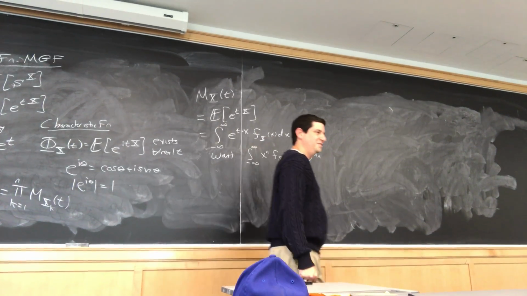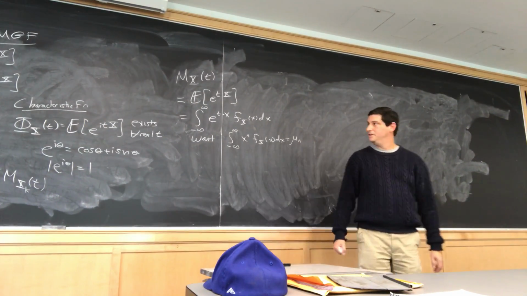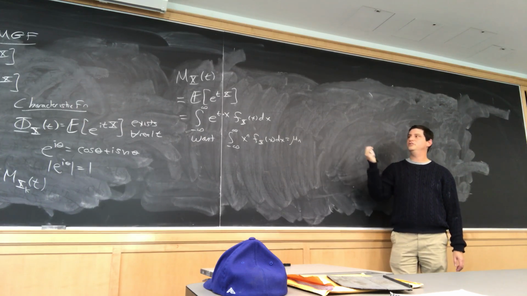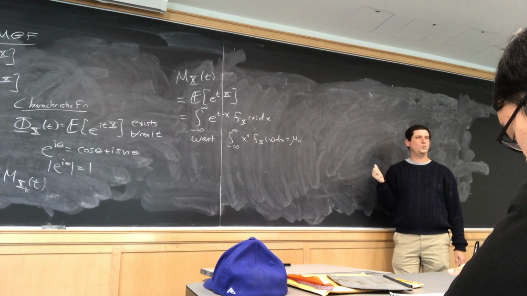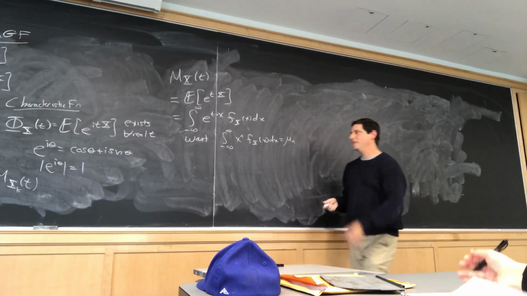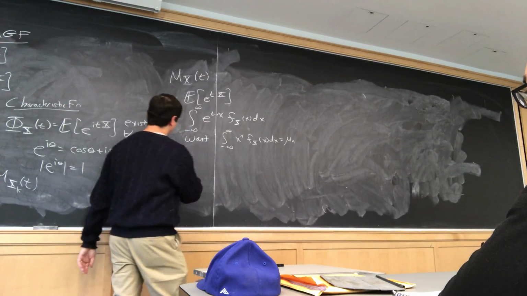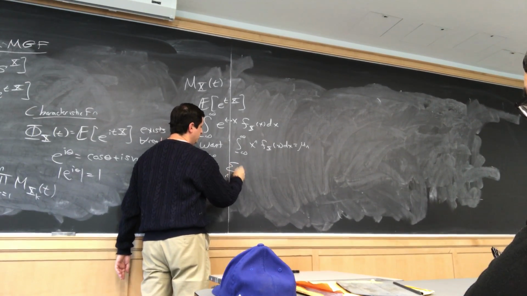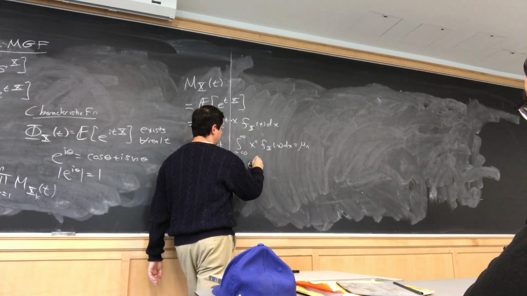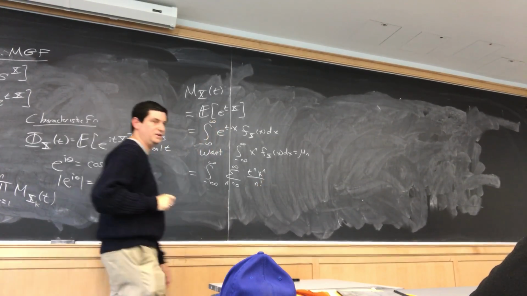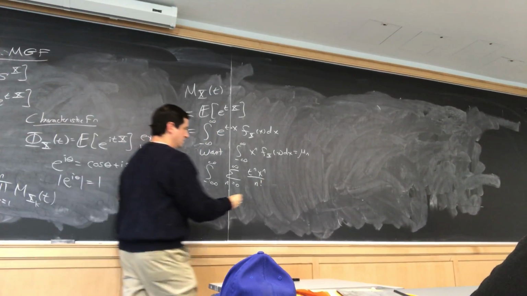Not x to an exponent, because it's an exponential of tx. What can I replace e to the tx with? The sum of x to the n over n factorial. So this is the same as the sum, n goes from 0 to infinity, of t to the n, x to the n, over n factorial, times the density.